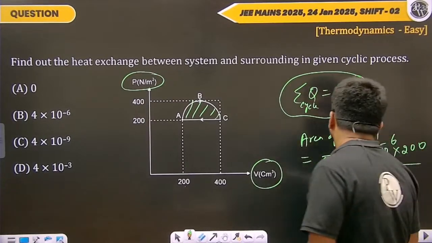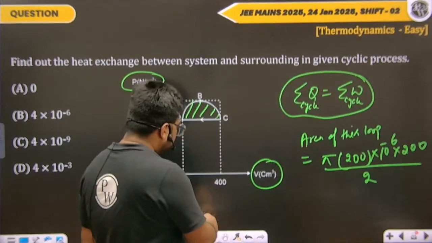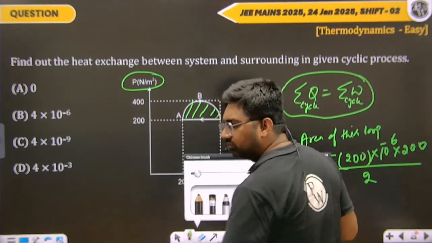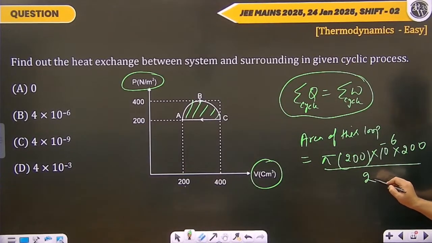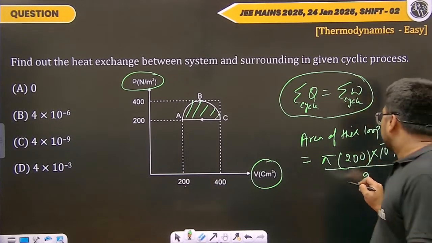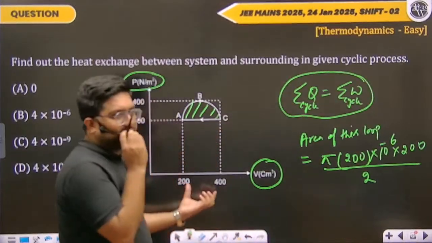Radius 100, yes. This is 200, but this is pi. This is 100. Okay, and this is a complete circle, and this is 200.